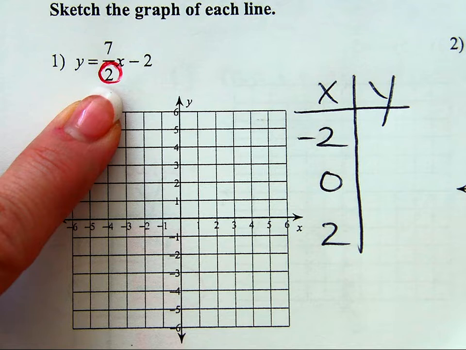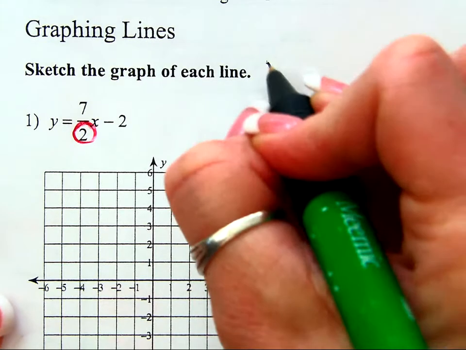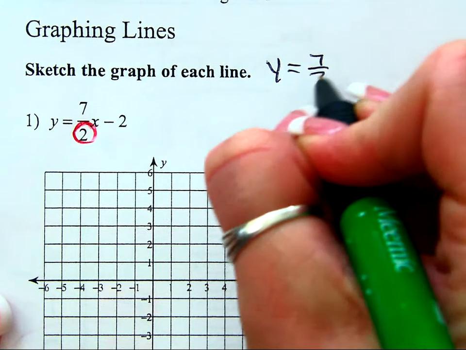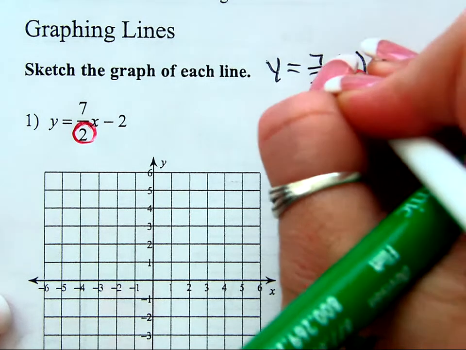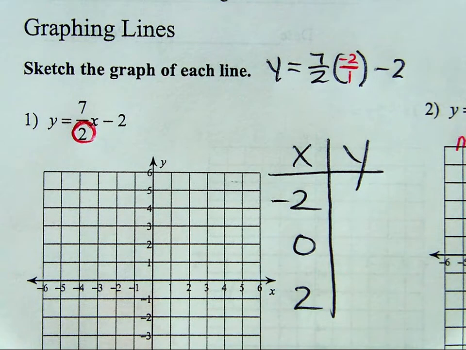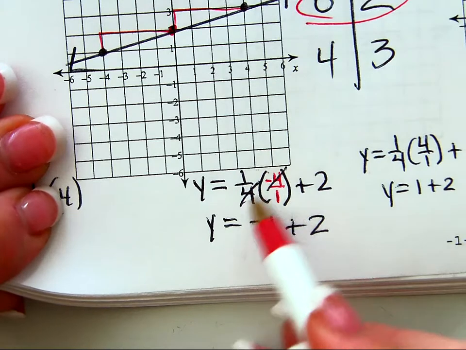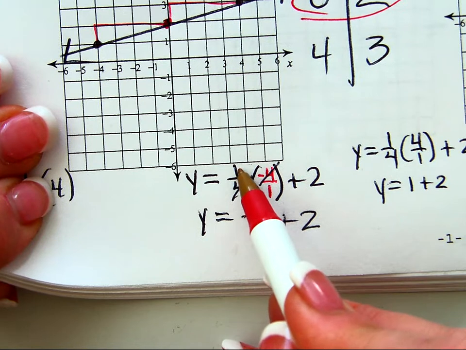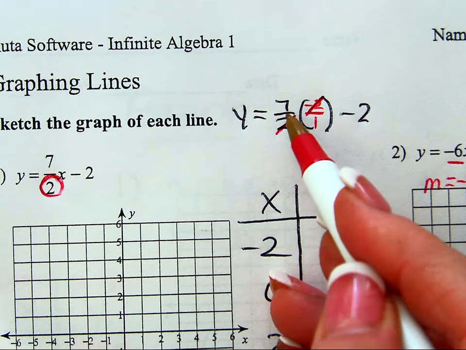So watch. This creates a little bit of extra work. So I'm going to take 7/2, multiply it by negative 2 over 1, and then subtract 2 from it. So guess what? Last time when I did that, the 4's canceled, and I just had 1. But this time when the 2's cancel, I don't have a 1, I have what? 7.